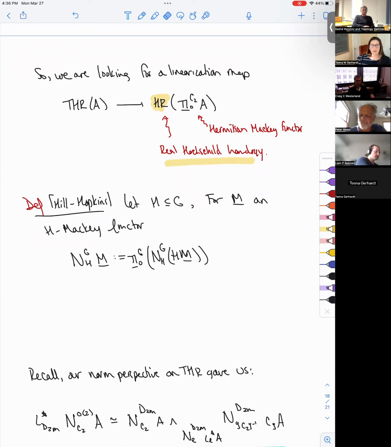I don't know what the best thing is to say about the relationship between those two characterizations. I guess what I'll say is that Hill and Hopkins, in this work, were trying to understand how you characterize genuine commutative structures in equivariant homotopy theory. They were trying to define what that really means.